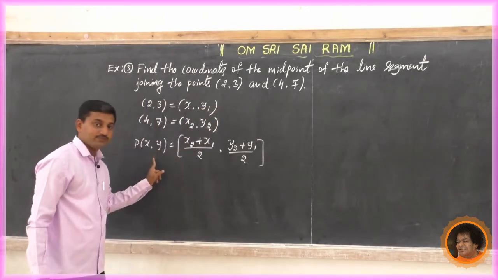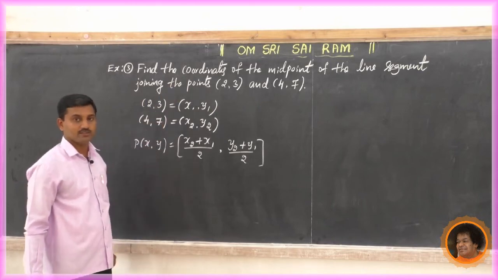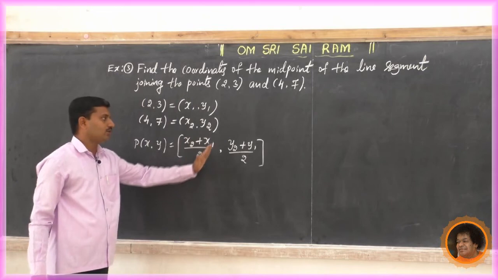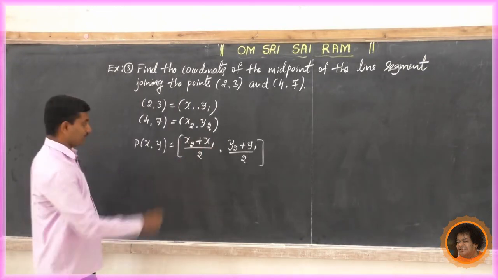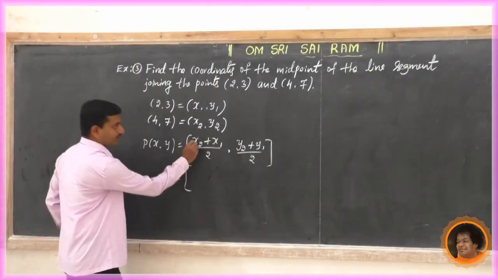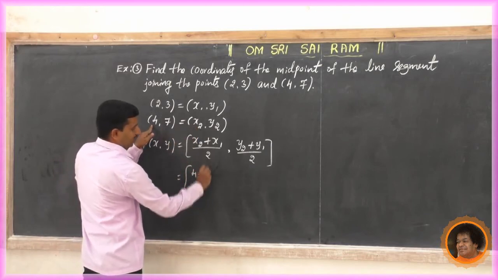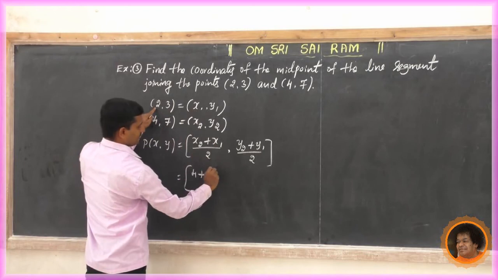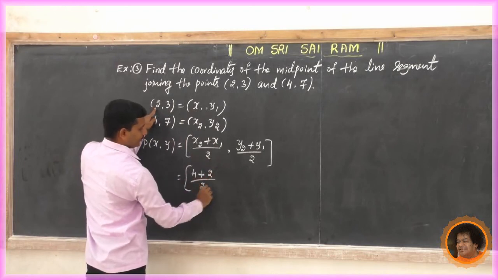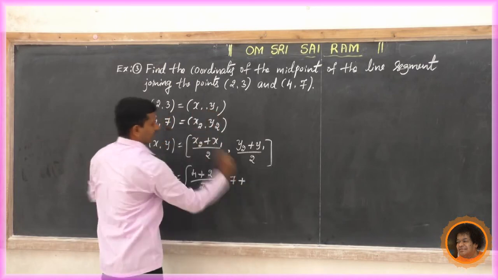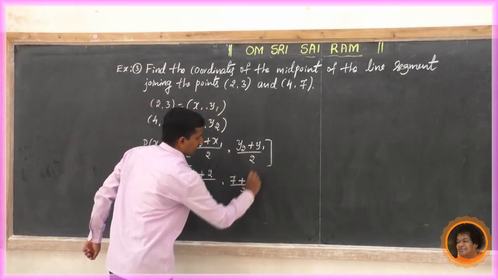So the midpoint coordinates, P(x, y), (x2 plus x1) by 2, (y2 plus y1) by 2, so equal to, x2 is 4 plus x1, so x1 is 2 divided by 2, y2 is 7 plus y1 3 divided by 2.